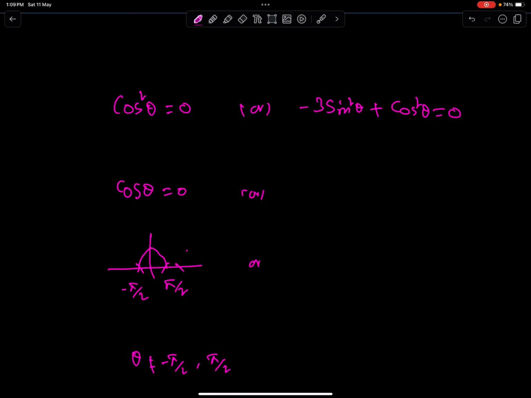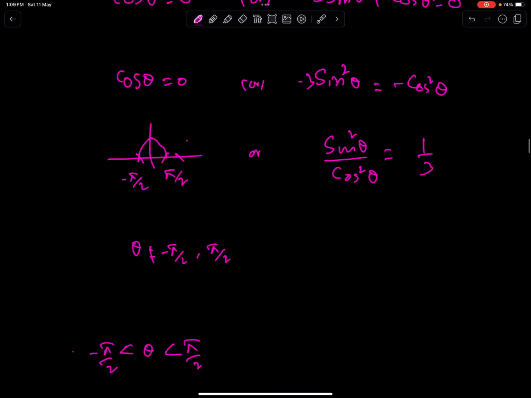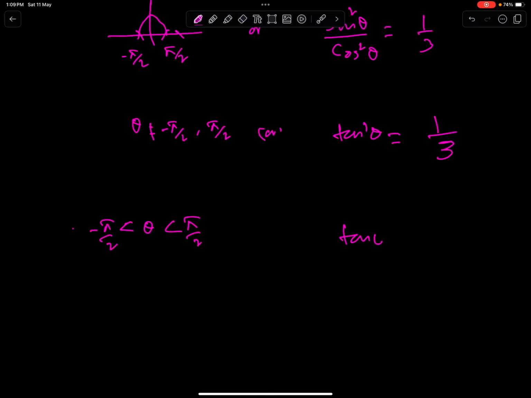Now check this equation. So we have negative 3 sine square theta equal to negative cos square theta. So sine square theta over cos square theta is equal to 1 upon 3. So we have tan square theta equal to 1 upon 3 and tan theta is equal to plus minus 1 upon root 3.